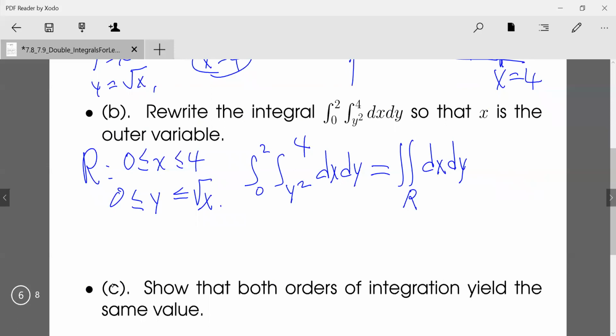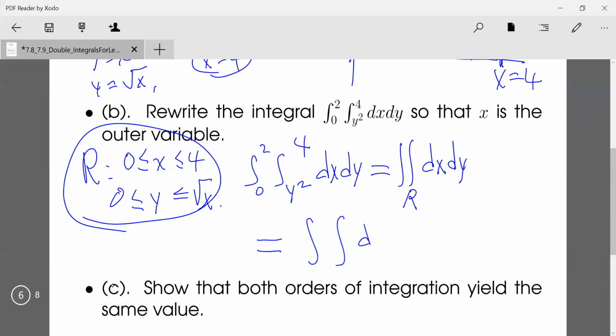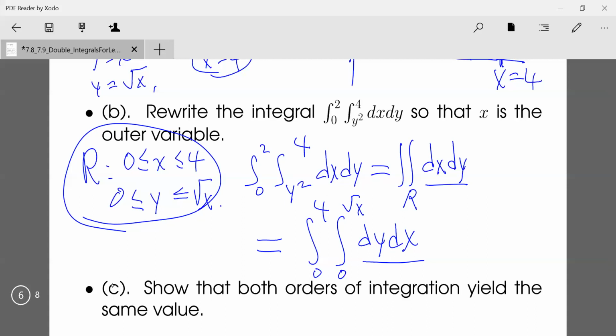Now, using this description here, which is the so-called type 1 region, you can also write this as dy dx, just change the order of integration. For y, it's between 0 and root of x. And for x, it's from 0 to 4. So here we have to change the order of the integral.